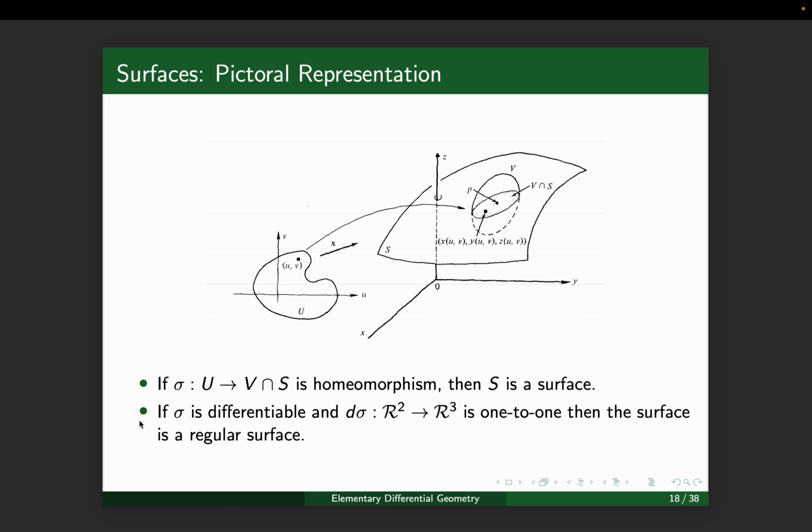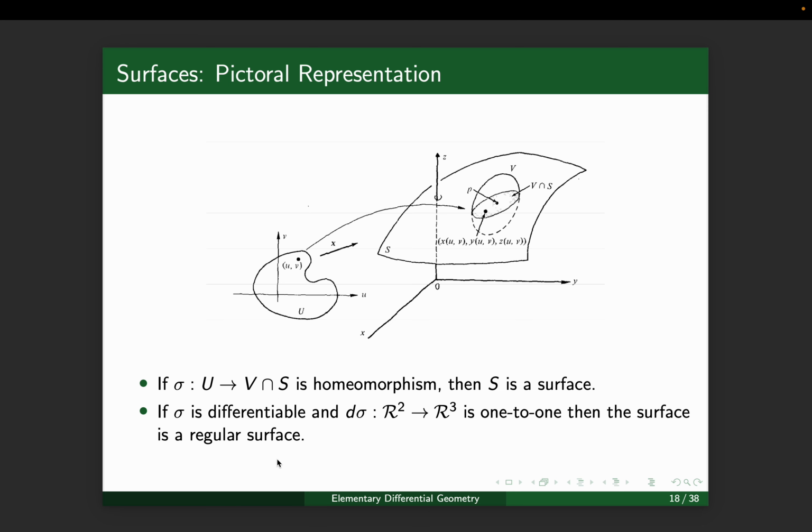So sigma, the map, should be differentiable, and the tangent vectors in R2 in the open set U should be 1:1 mapped to tangent vectors in V intersection S. Then we call that surface a regular surface.